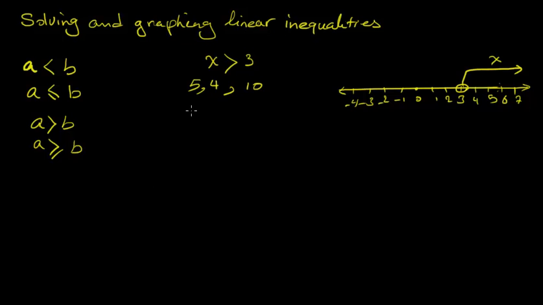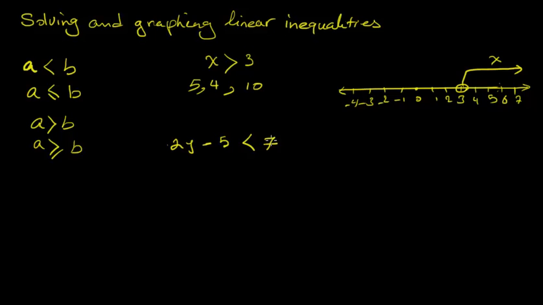Now, let's say we have an inequality like 2y minus 5 less than 7, and we want to solve it. We are going to solve inequalities exactly the same as we solved equations, with the same techniques.